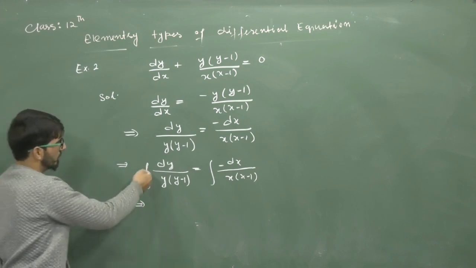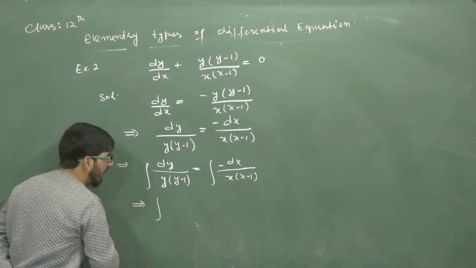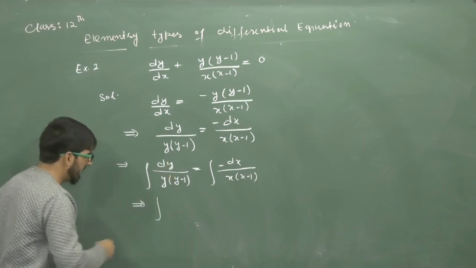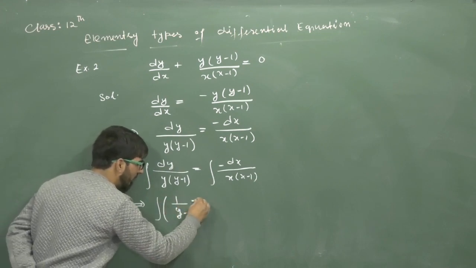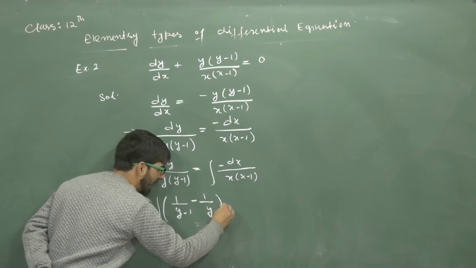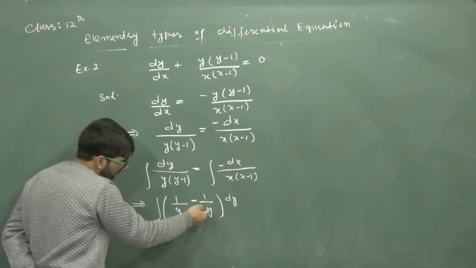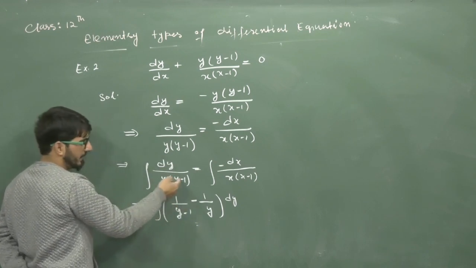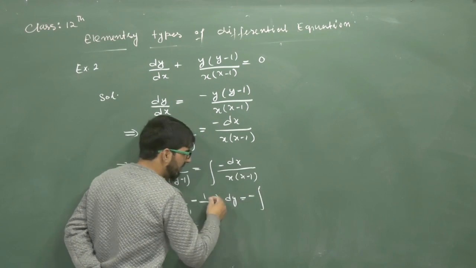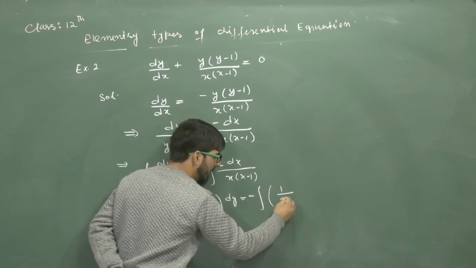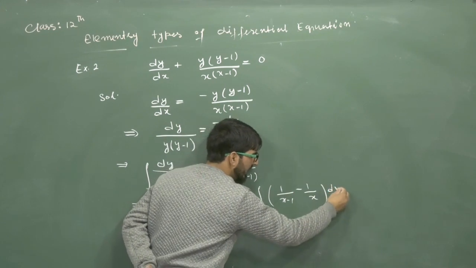Now to solve the integral of both sides, this can be written as the integral of 1 divided by (y - 1) minus 1 divided by y dy, which is equal to minus the integral of 1 divided by (x - 1) minus 1 by x dx.